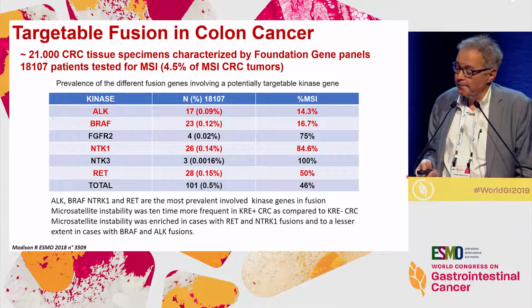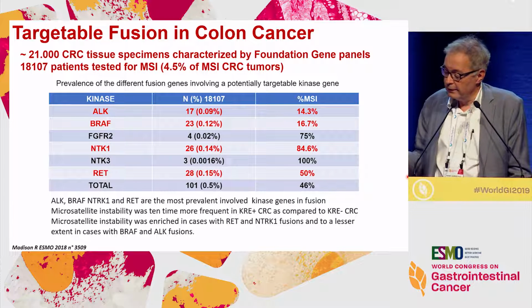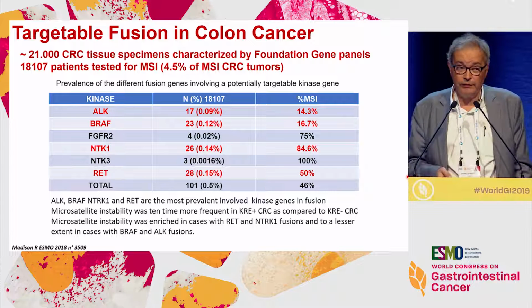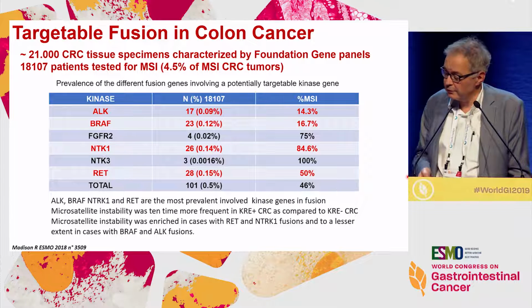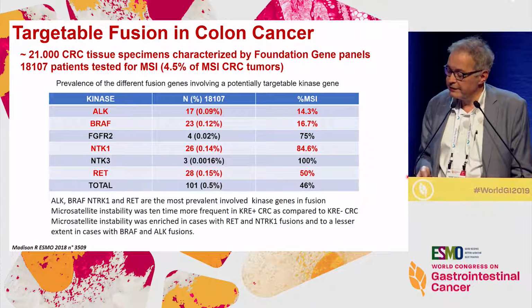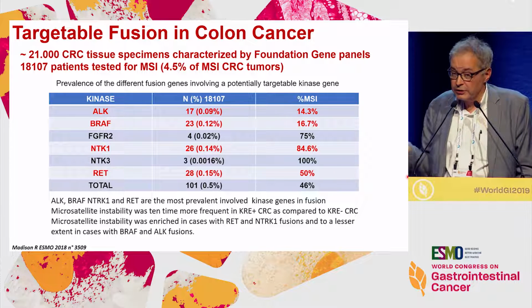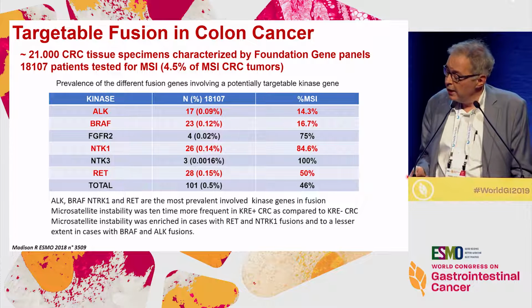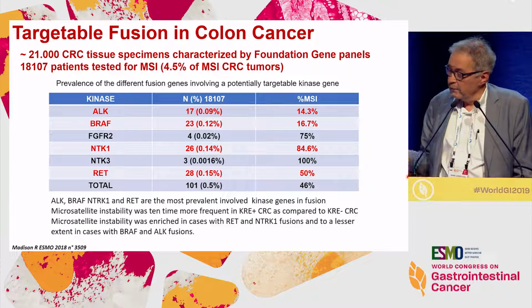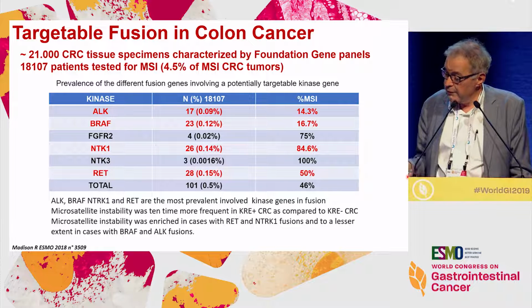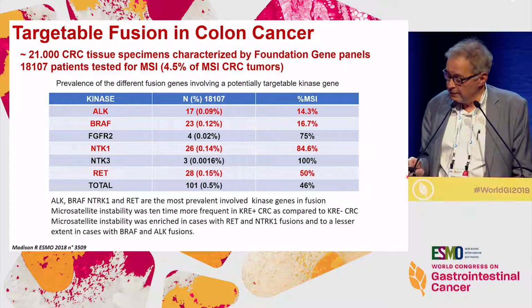If you take all these fusion genes together, you have a prevalence of 0.5% of colon cancers that harbor this type of fusion gene, and this subgroup is largely enriched for MSI, with approximately half of these tumors also having the MSI phenotype.